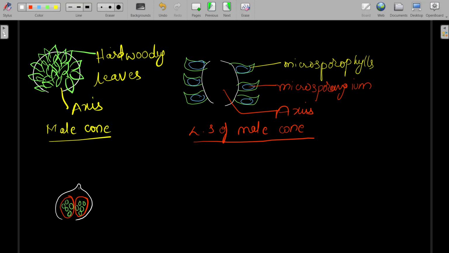This is the hard woody structure, the microsporophyll.